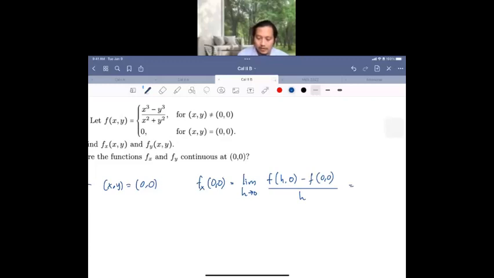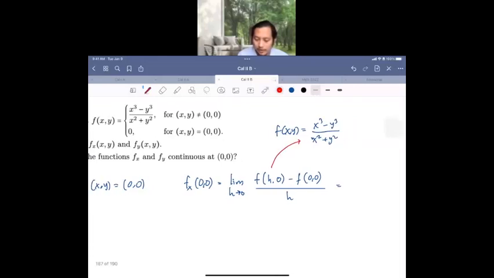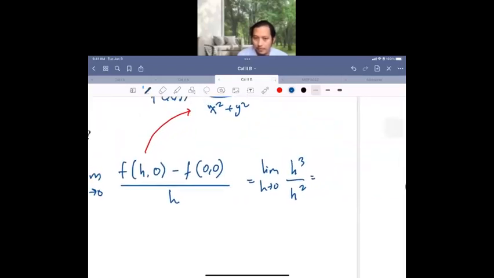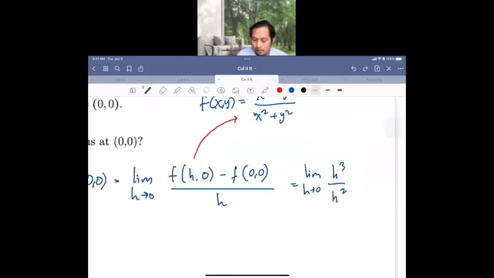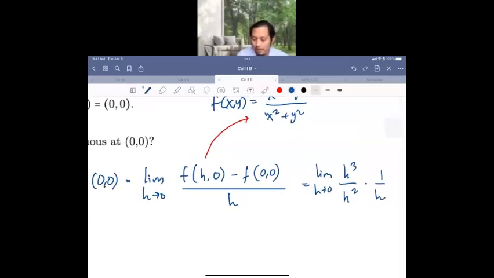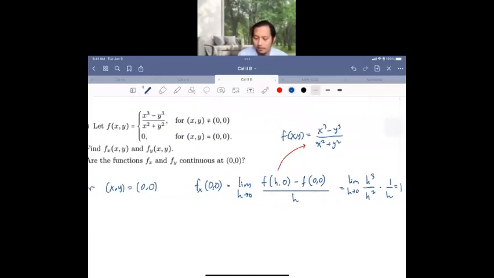Based on our definition, this will be h cubed over h squared, which is 1 over h, divided by 1 over h, which results in 1.